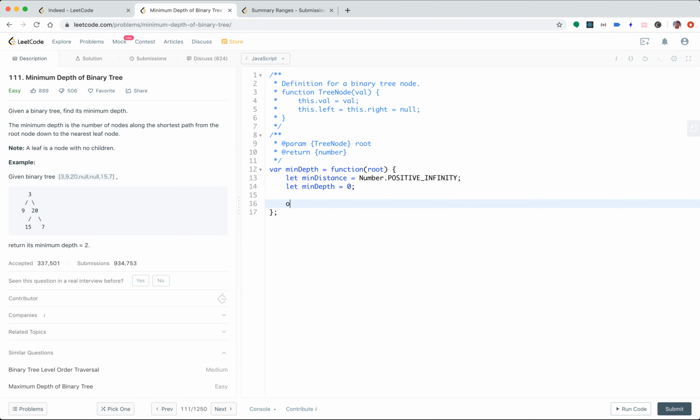Let's say we const a walk, with node, total distance.